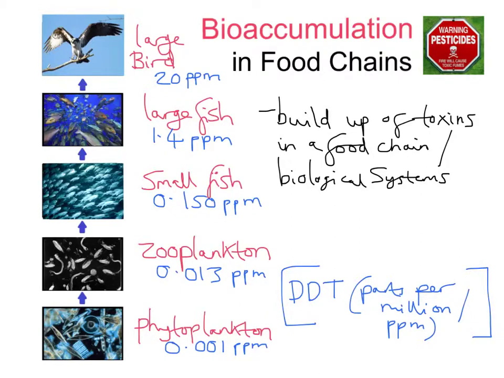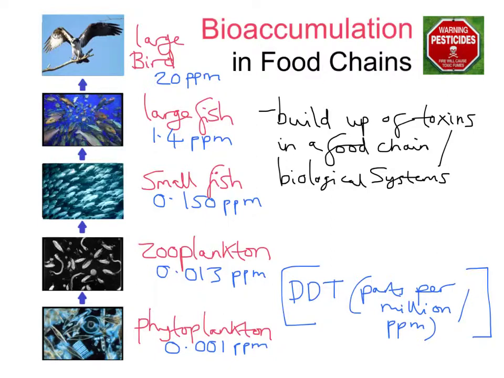And this ultimately highlights this bioaccumulation, this build-up of chemical, typically toxins when we think about it in key stage 3 and 4, toxins in this food chain or the biological systems. So accumulation of chemical, and you get a gradual increase in concentration in the consumers as they are essentially eating things below them.